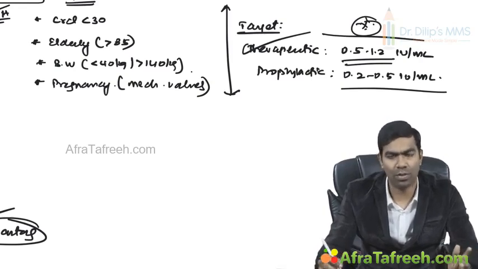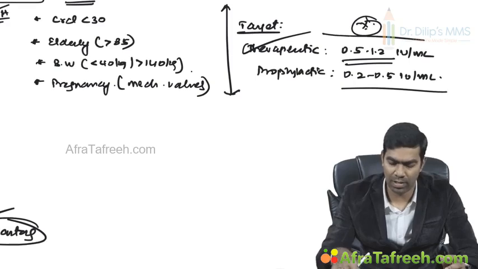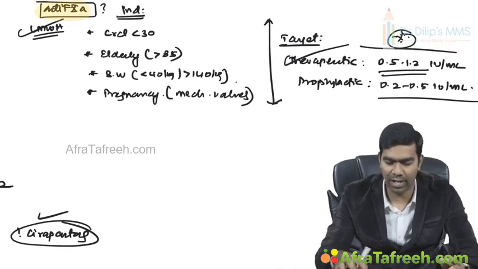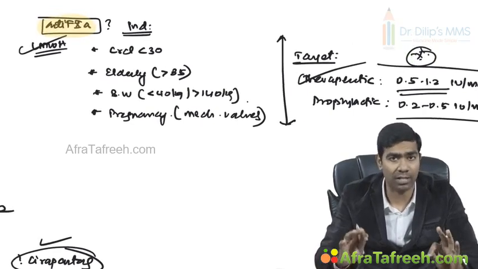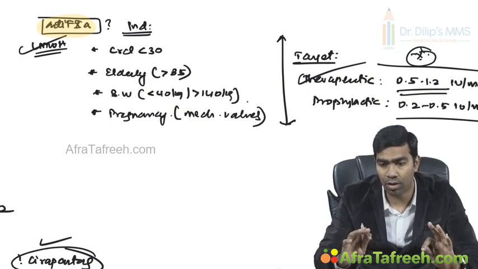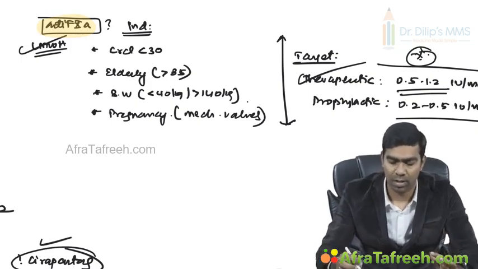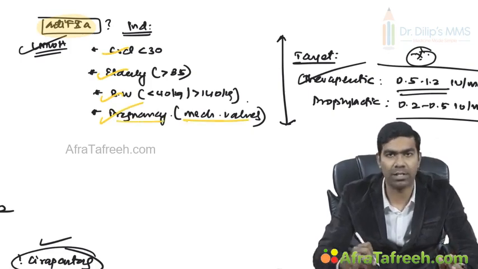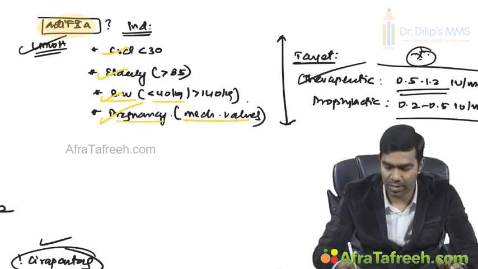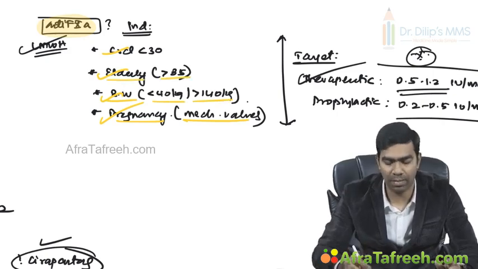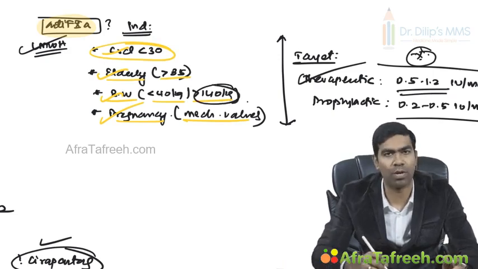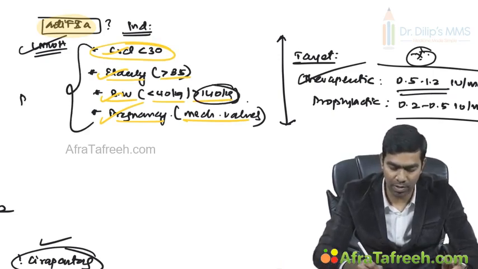This is what we do currently, especially in these patients. If you don't have anti-factor 10A activity in your hospital, and the patient has any one of these, pregnancy with mechanical heart valves, extremes of body weight, very elderly age, creatinine clearance less than 30, or severe obesity, prefer unfractionated heparin.